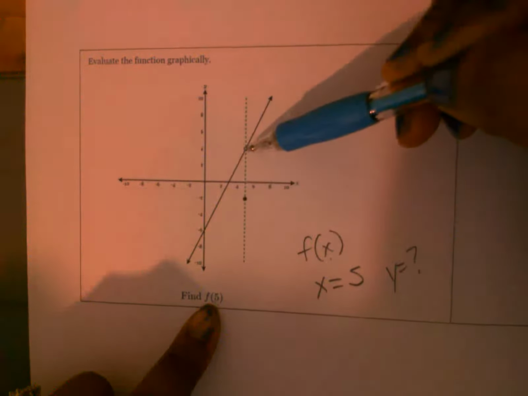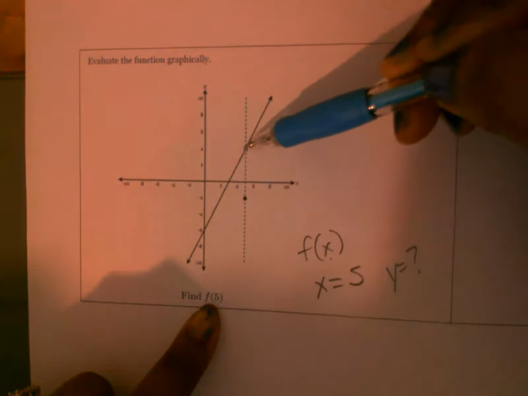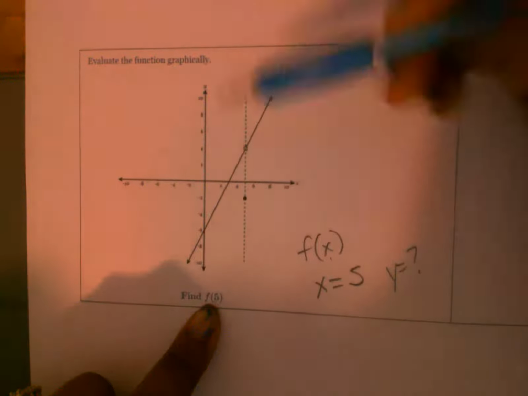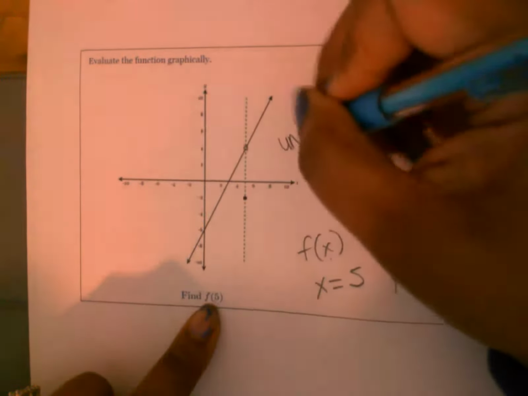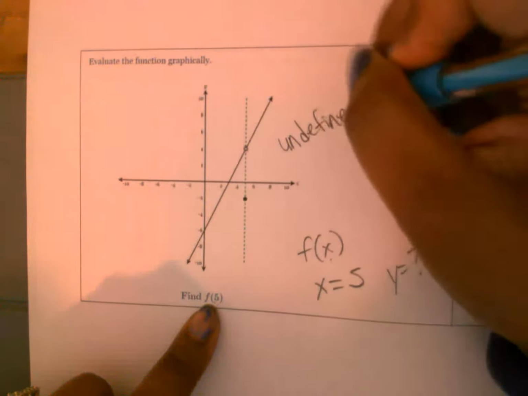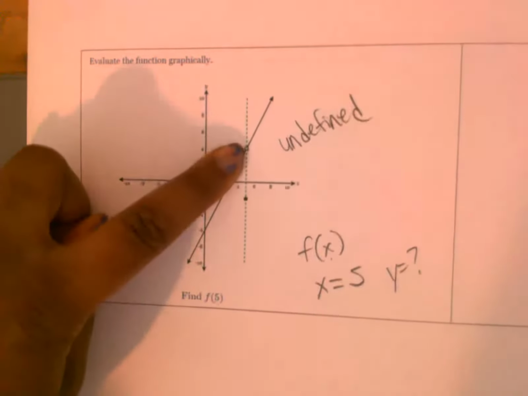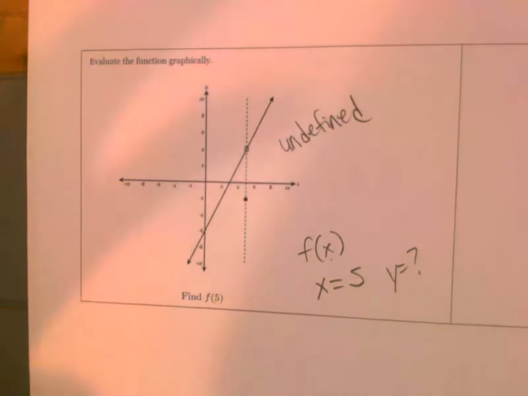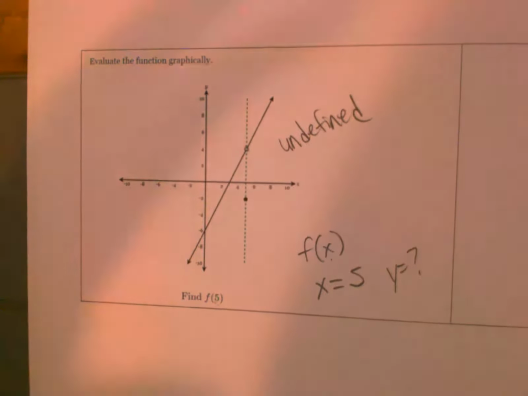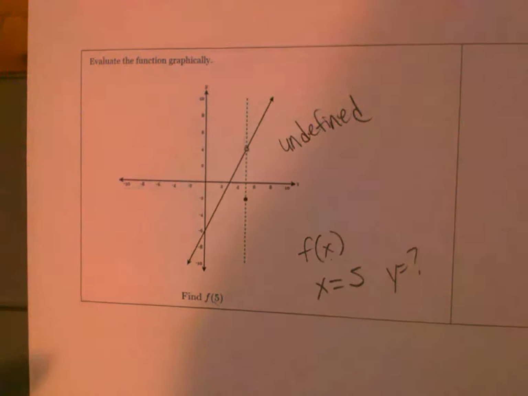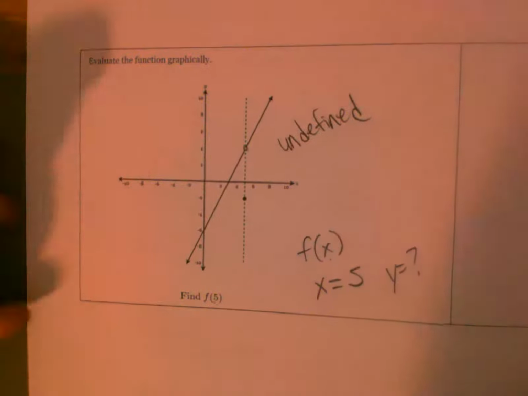Notice that this point right here is an open circle. So this point is not included. So that means this is going to be undefined. Because it's an open circle there, that one value is not included as a part of the answer. So this is going to be undefined. Okay?